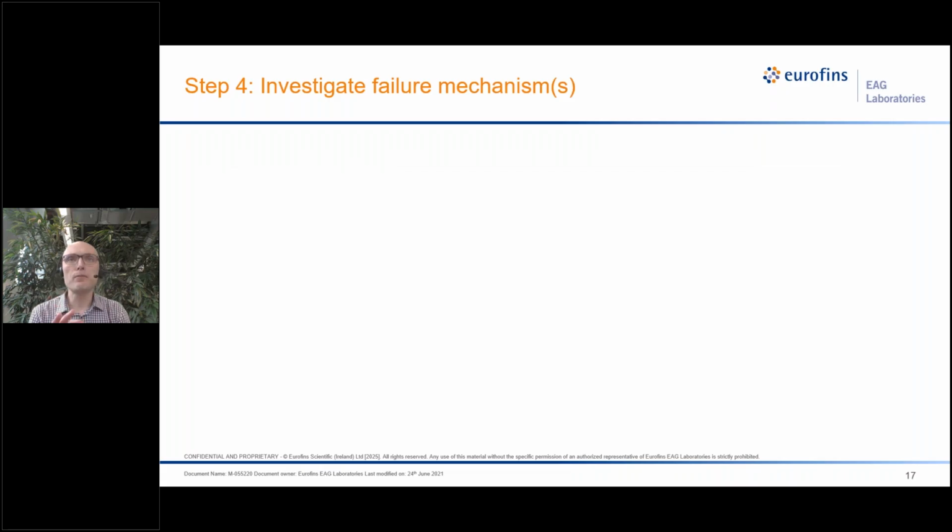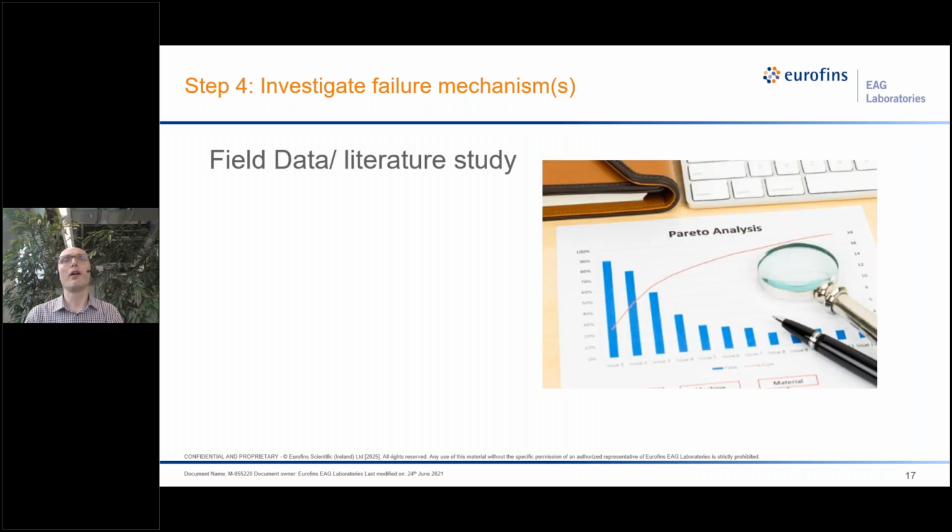We have now discussed the most basic input, but a lot of other information can also be valuable. If the product is already on the market, field data may be available. If field data is available, it may give a lot of information about the robustness of the product and any weak links in the design.